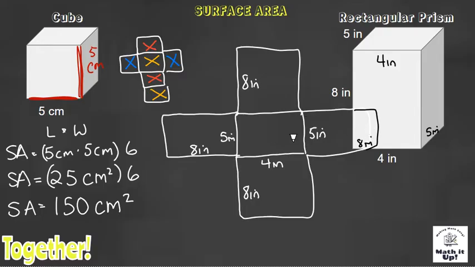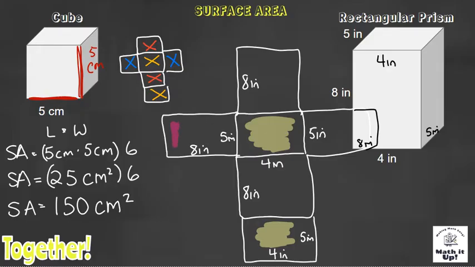And then of course we can't forget, and this is the one that often gets forgotten, that there is a top to match this bottom. And of course the top is still that 4 inches by that 5 inches. So let's take a look here. We have this bottom that is 4 inches by 5 inches matching.